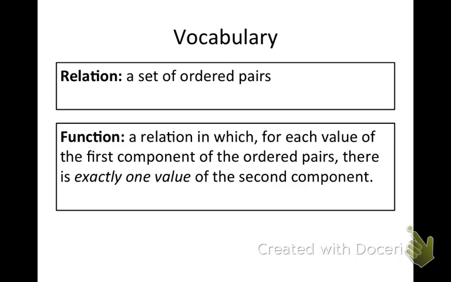And for each value of the first component of ordered pairs, which are your x values, there is exactly one value of the second component.